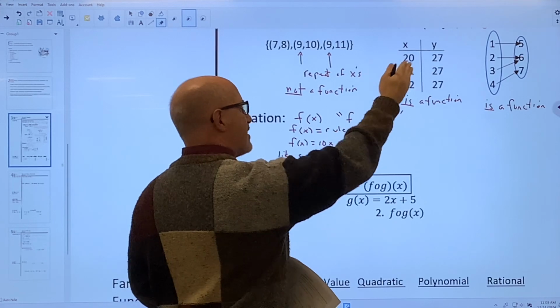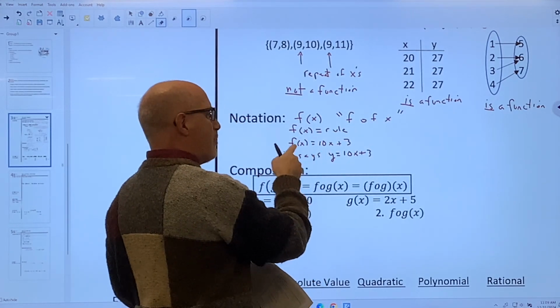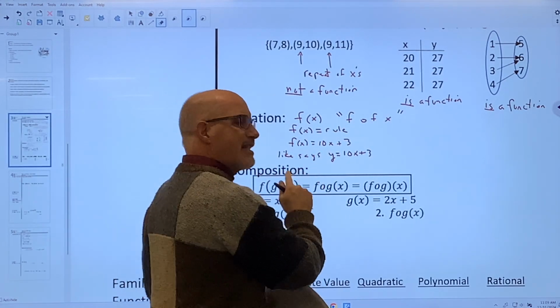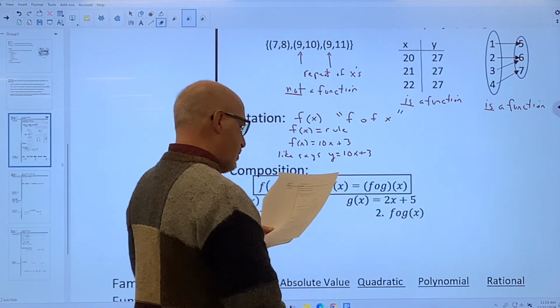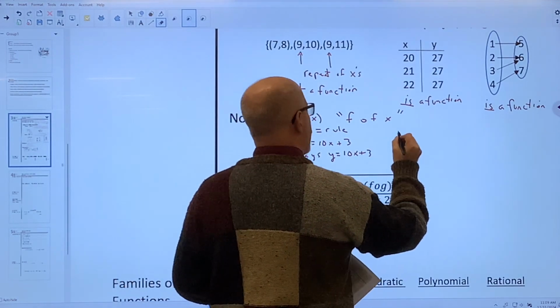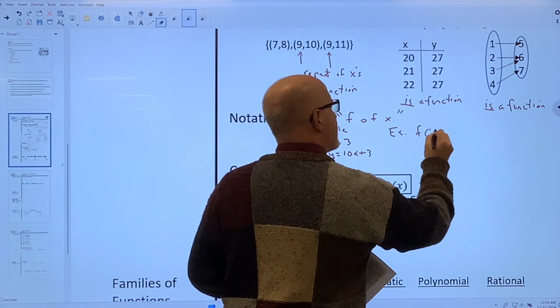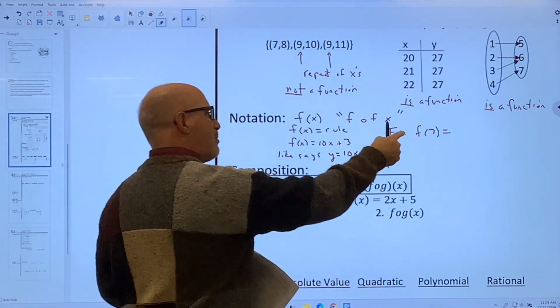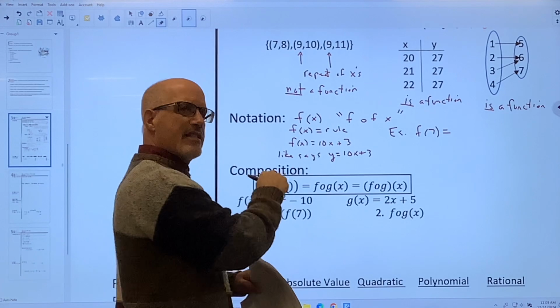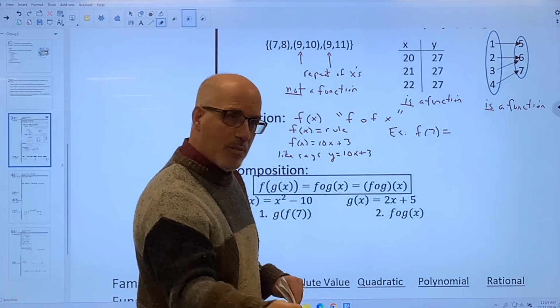So if we think of x's and y's, when we have f of x equals, it's like saying y equals. So when we say f of 7, here's an example. If we do f of 7, that means substitute 7 in for x and find the y, find the output.